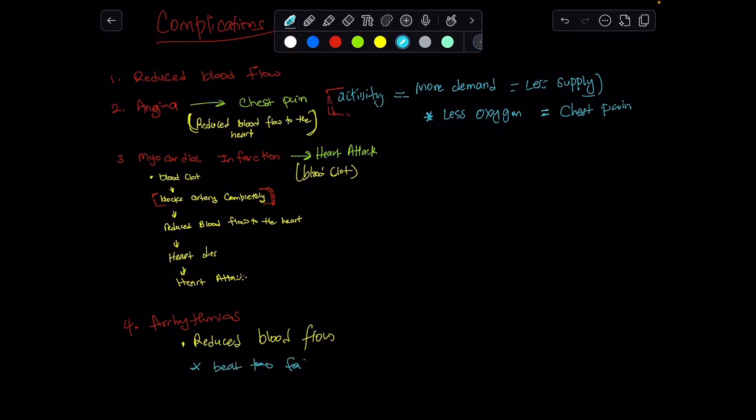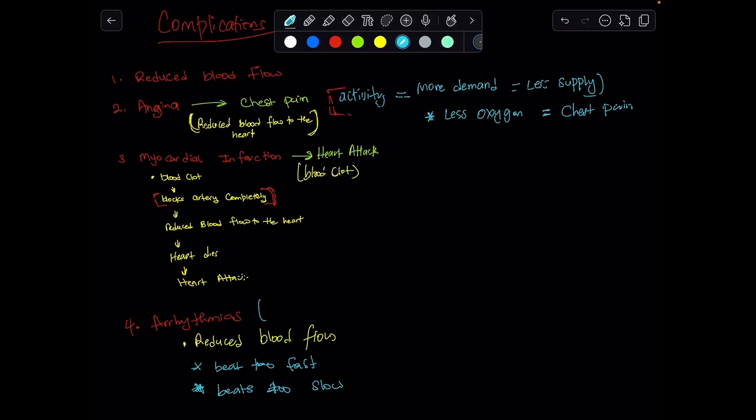Or it's like, okay, I need to conserve my energy, so it beats too slow. And that's what happens. Arrhythmia is just an irregular heartbeat.